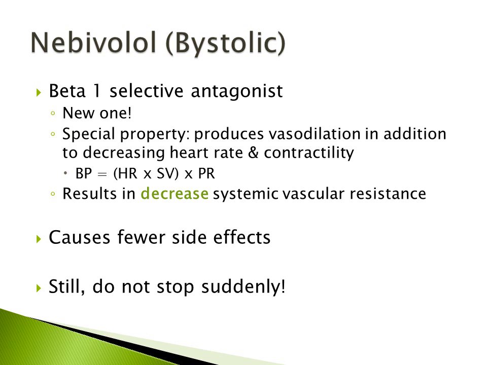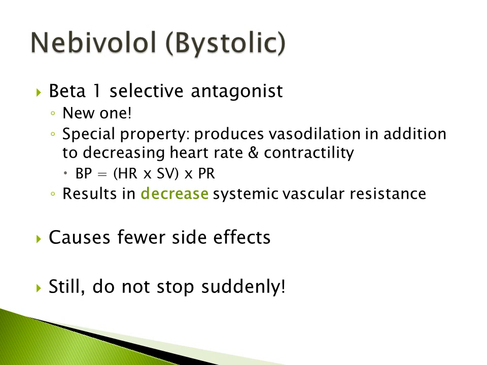The next one is a relatively new beta blocker, and it's kind of an exciting one. The trade name is Bystolic, and Bystolic is a beta-1 selective antagonist, so it's a beta blocker. It's the newest on the market, and what makes this guy so special? You certainly don't have to be able to repeat this, because I actually have to read it to get it right, but it produces endothelium-derived nitric oxide-dependent vasodilation.